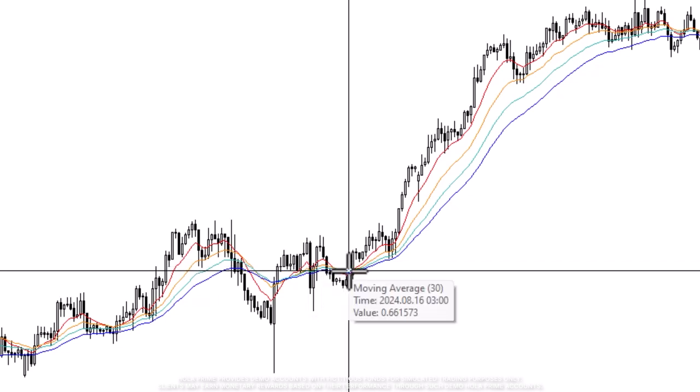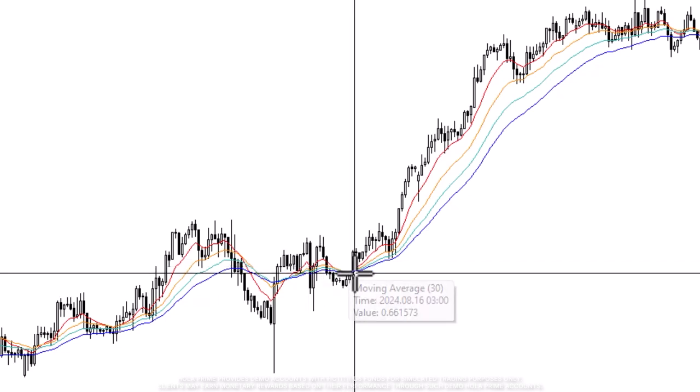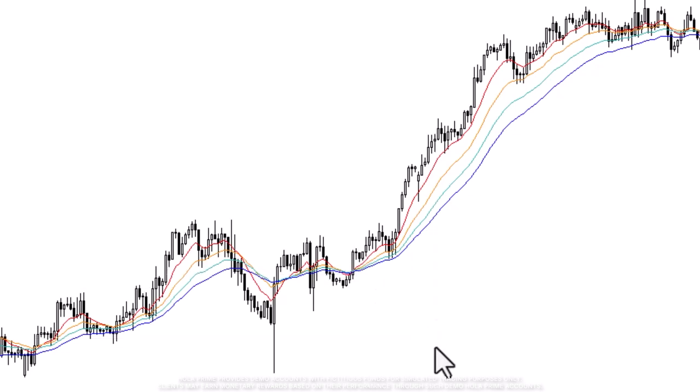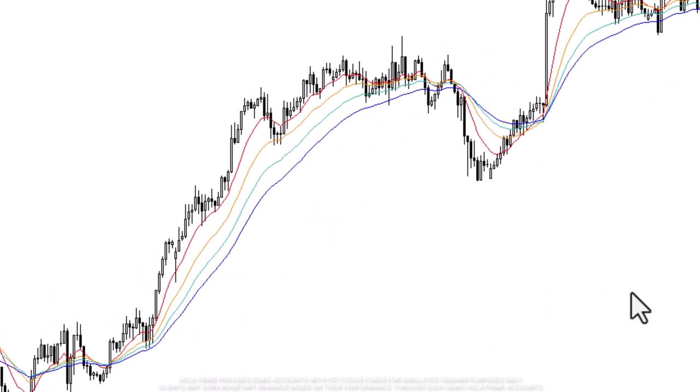However, about 20 hours later, it crossed over, and you probably took, in this case, about a 5 pip loss. In other words, it is most certainly a trend following system, and that's the one thing that you will have to keep in mind.